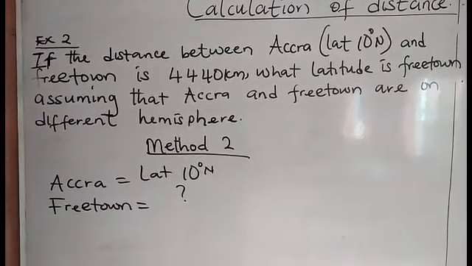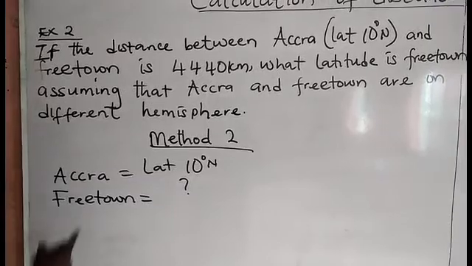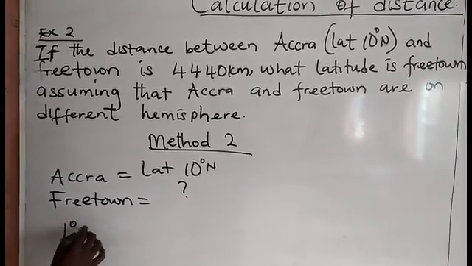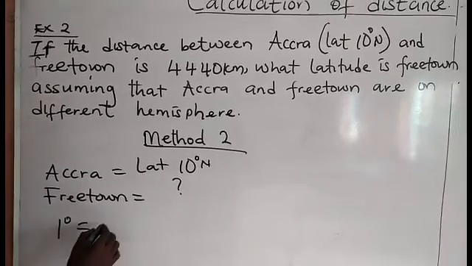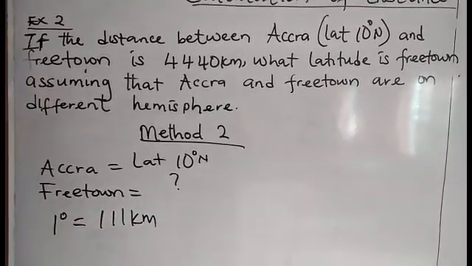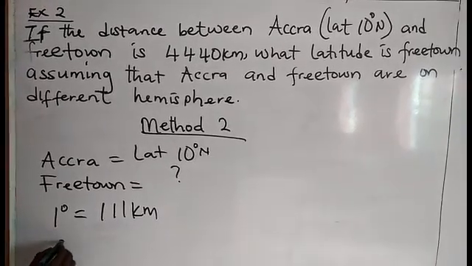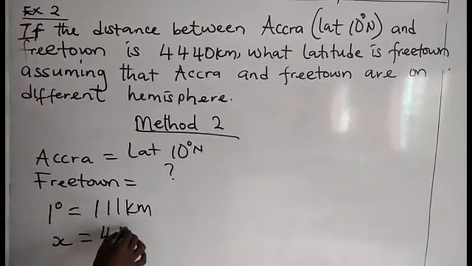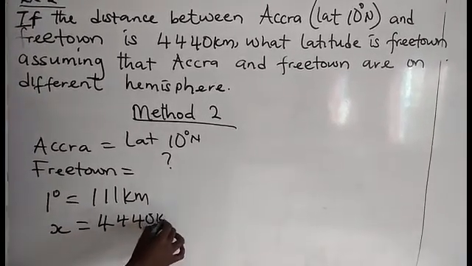Still the same question, but a different approach, method 2. Locate the two places involved. Accra, latitude 10 degrees north, Freetown unknown. Basically, in calculating distance, 1 degree gives us 111 kilometers. Thereby, our x equals 4,440 kilometers.